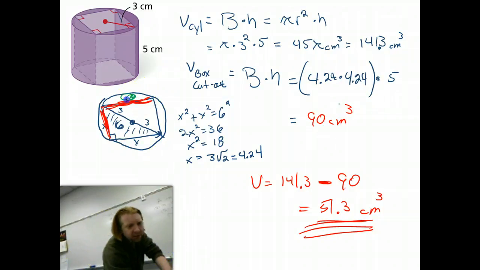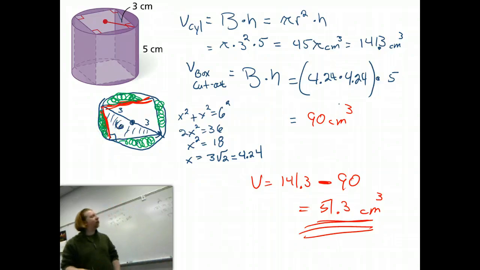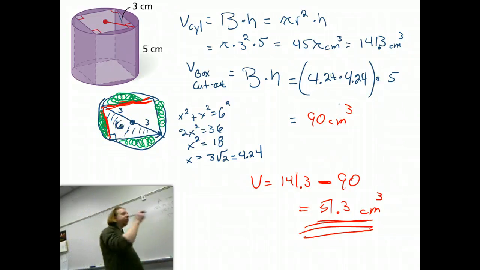Just the area of this region here is roughly just a pinch more than 10 square centimeters. That's the area of a circle, pi r squared, minus the square cutout. And then I can multiply that by 5, and that'll land me at a volume of 51.3.